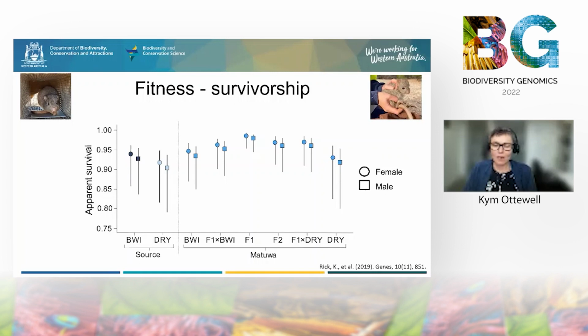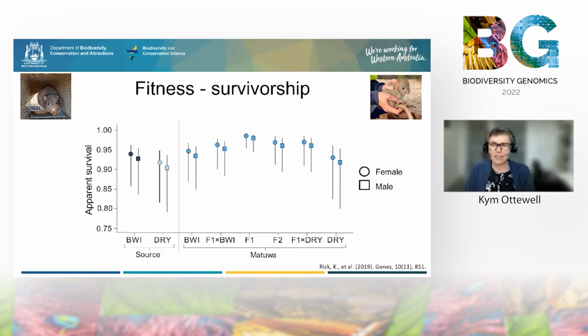So using the genomic admixture proportions, Kate was able to classify her individuals into their different hybrid classes. And then with the comprehensive monitoring data that we have available for these specific individuals, she was able to use mark-recapture analysis to investigate their patterns of survivorship and reproductive fitness.